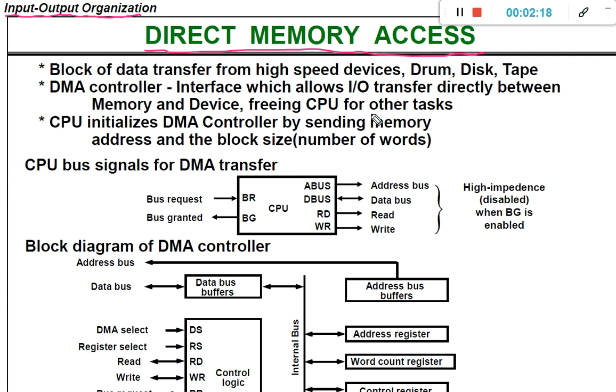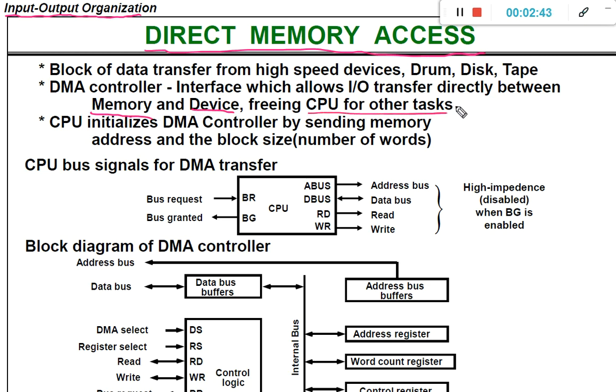That independent authority is nothing but direct memory access. Using direct memory access, block data transfer from high-speed devices such as drum, disk, and tape will be done. The DMA controller interface allows I/O transfer directly between the memory and the device, freeing the CPU for other tasks.